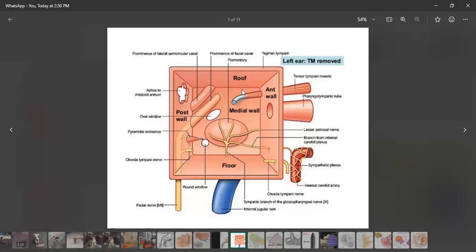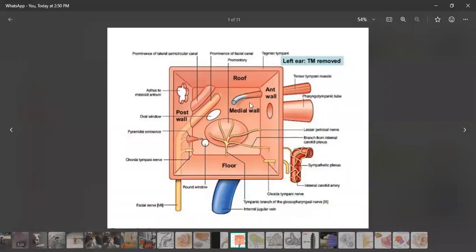So the roof is formed by the petrous bone, and this part of the petrous bone is especially called the tegmen tympani. So this part that forms the roof of the middle ear is called the tegmen tympani. Above this tegmen tympani, you have the temporal lobe of the brain.